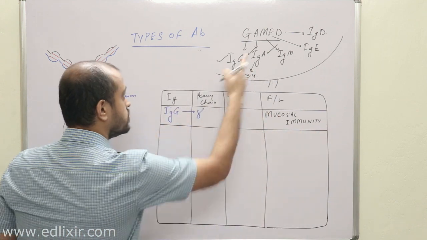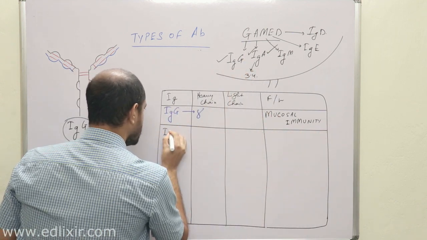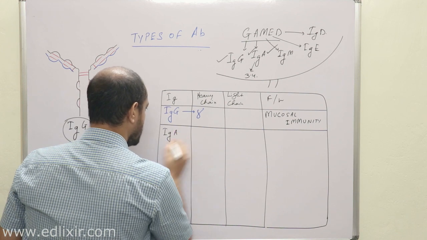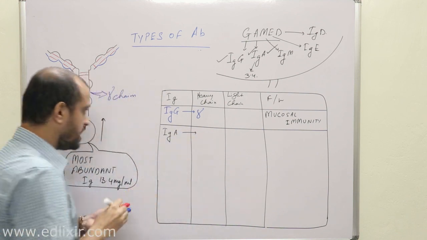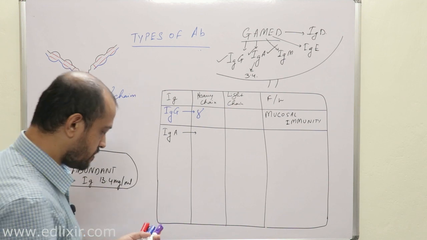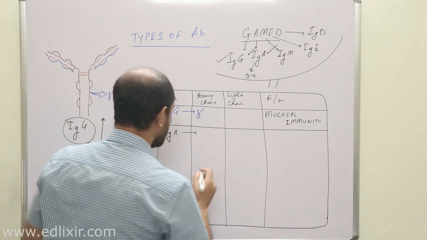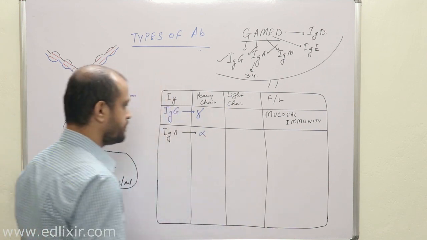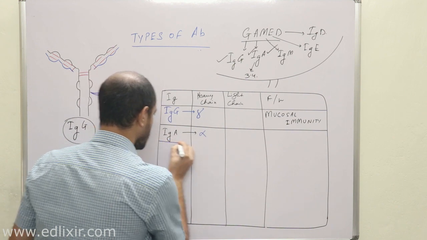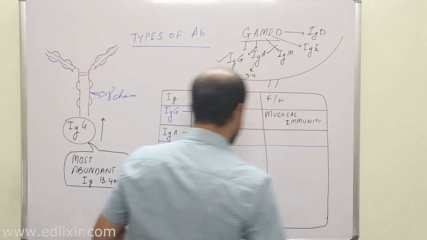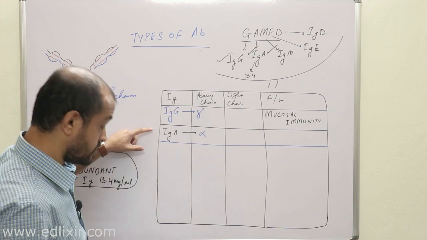Then we will talk about IgA. In the case of IgA, the heavy chain is made up of alpha. Clear? Now, what is the function of IgA?